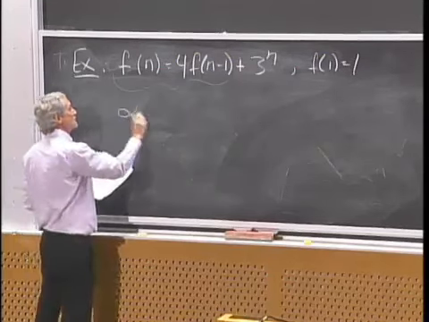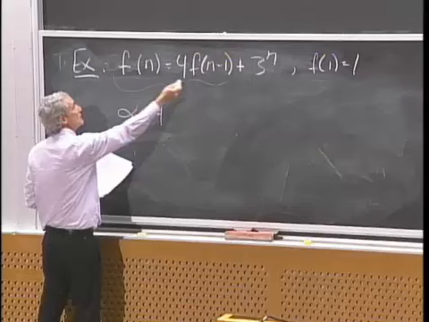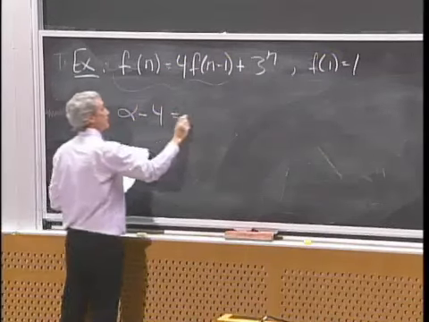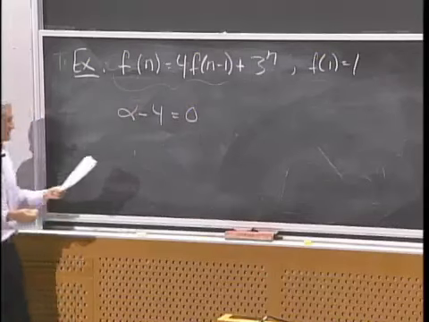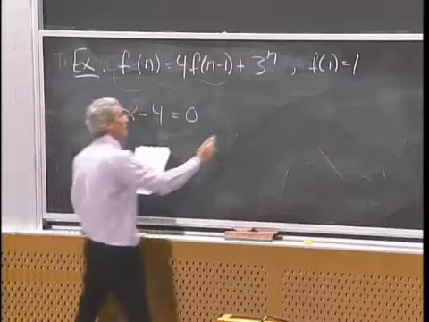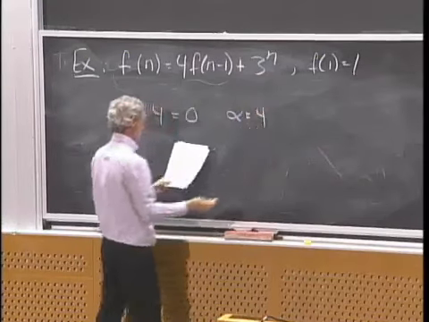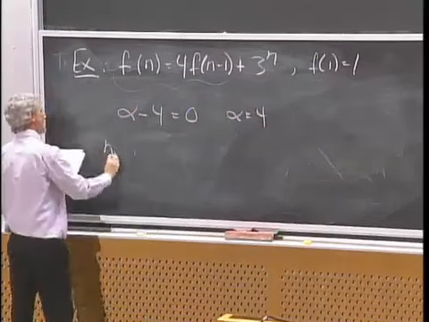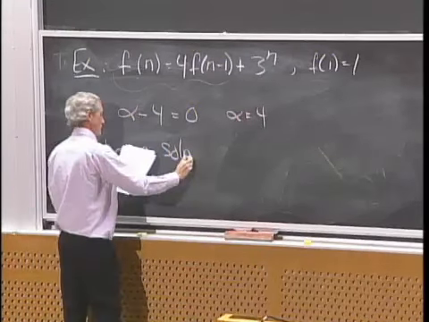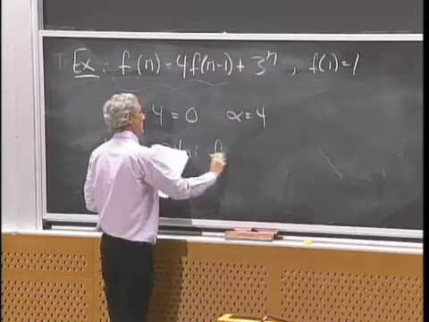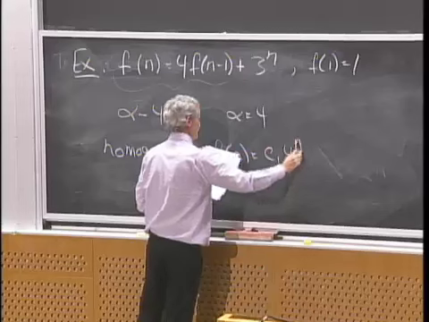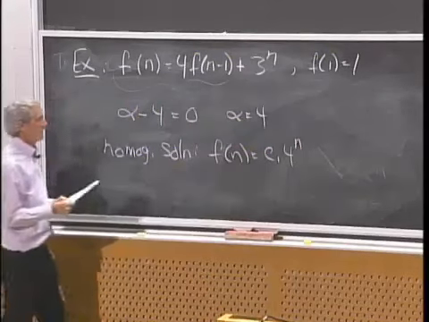So the characteristic equation is alpha minus 4 equals 0. And it's really easy to find the root of this thing. It's just alpha equals 4 is your only root. And that means the homogeneous solution is f of n equals a constant times 4 to the n. All right, so that's step 1.